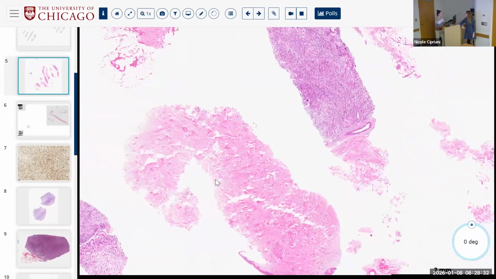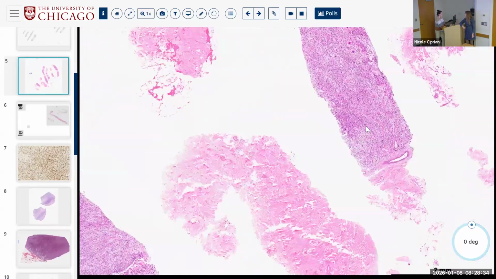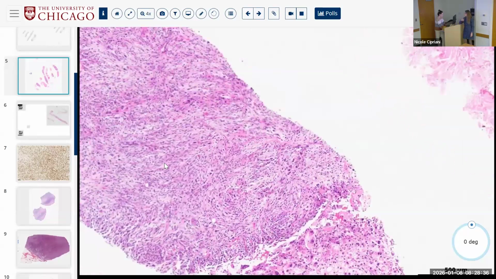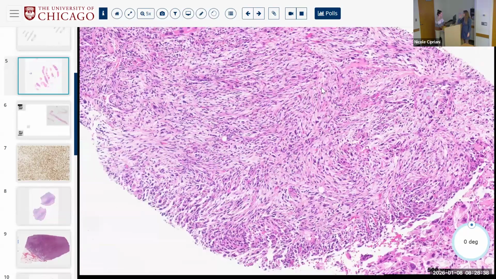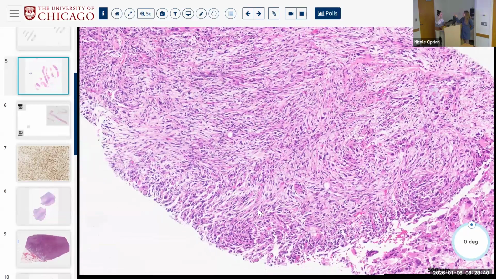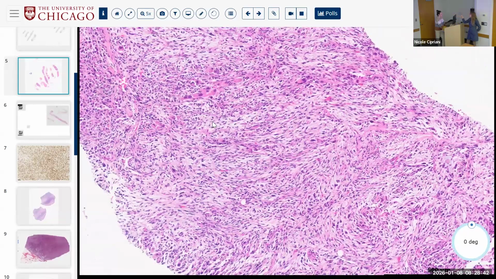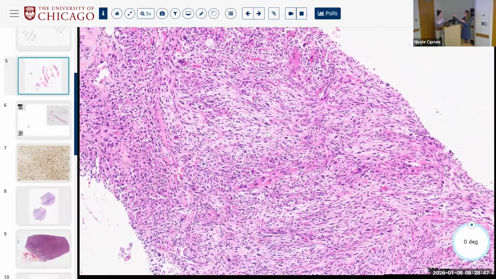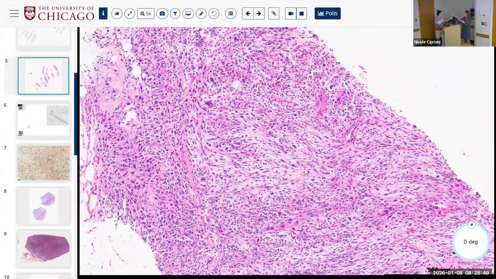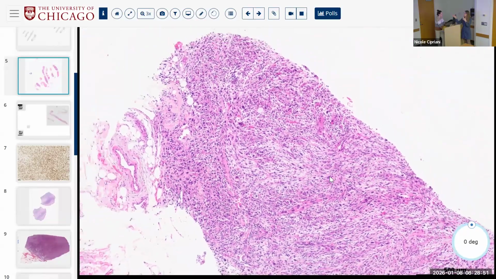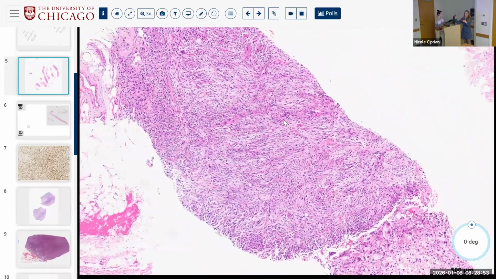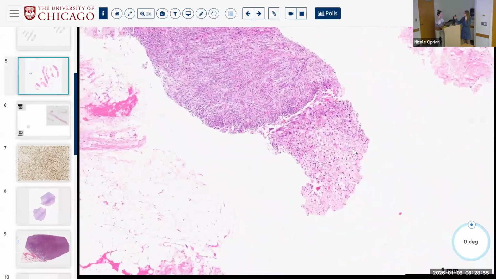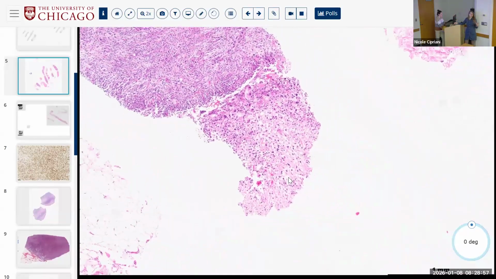Myxofibrosarcoma, right? So this is a high grade myxofibrosarcoma, and you can see that it has a little bit of a storiform or herringbone appearance in areas, and then in some areas the cells are splayed apart. Again, you're maybe not appreciating the myxoid because of the staining qualities, but that pallor between the cells is myxoid stroma, connective tissue mucin.